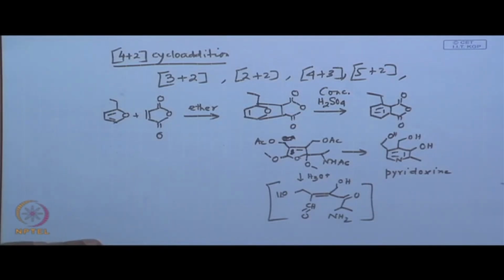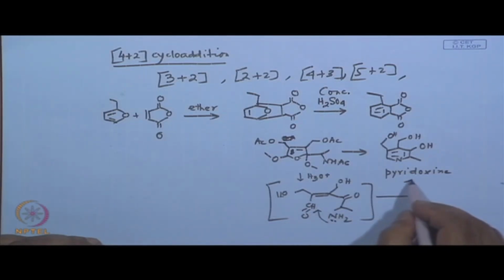Basically what you do is hydrolysis. Then if you count the numbers 1, 2, 3, 4, 5, 6. What is the essential key step? The amine reacts with an electron-deficient carbon of a carbonyl group. In fact, this reaction takes place to give this pyridoxine in one step.